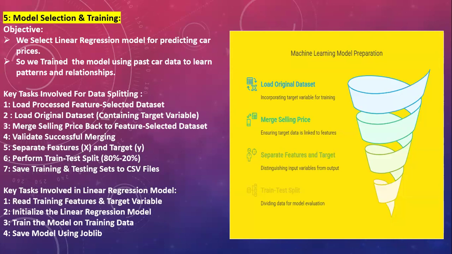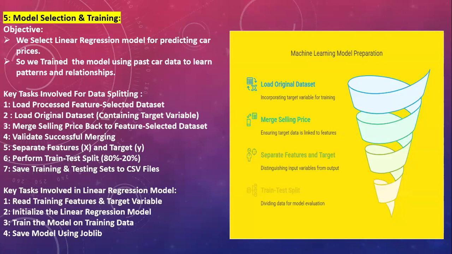Then after that, we are going to separate the features as the X set and the target variable as the Y set. And we are going to perform train test split. 80% is for the training data and 20% is for testing the data for the linear regression model. After that, we are saving the training and testing sets as CSV files for training the linear regression model.